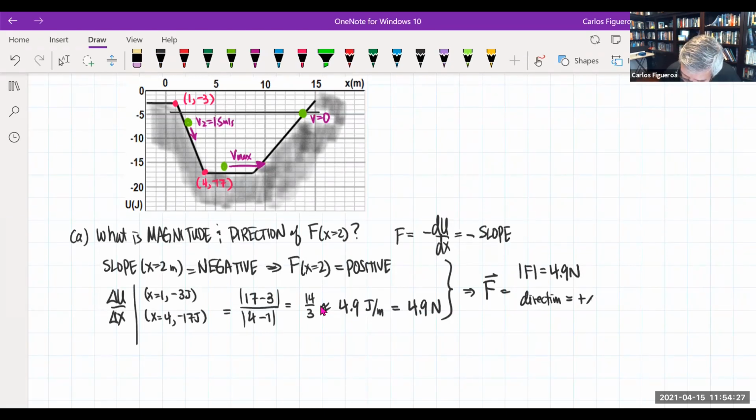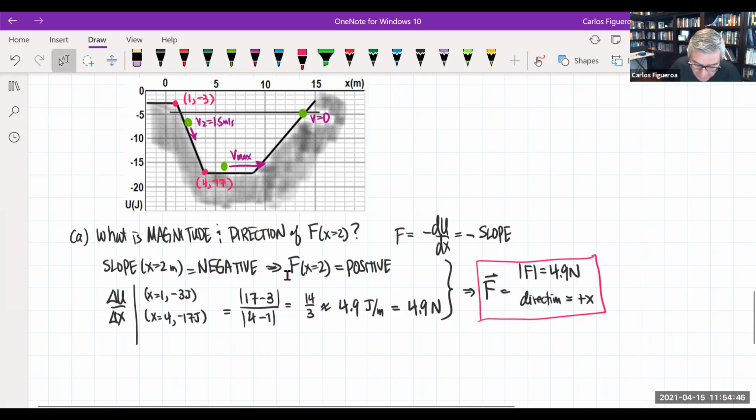And that's what the force is right there. No surprise, because we knew that the ball would have a force in the opposite direction of the incline here.